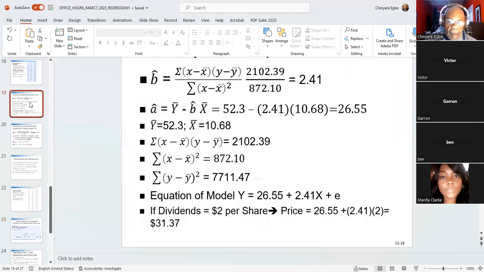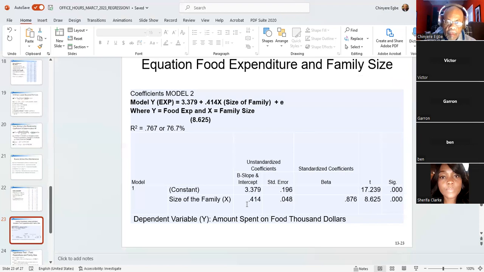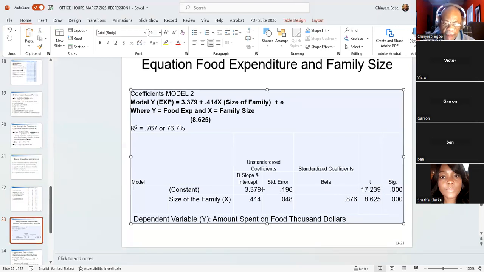Professor, just to add on to his question, when we run the hypothesis test, we use those two numbers at the bottom, 0.414 divided by 0.048. Now, when you're doing a hypothesis test, you take 3.379 minus 0 divided by the standard error of A, 0.196, because here it gives you the standard error right there.